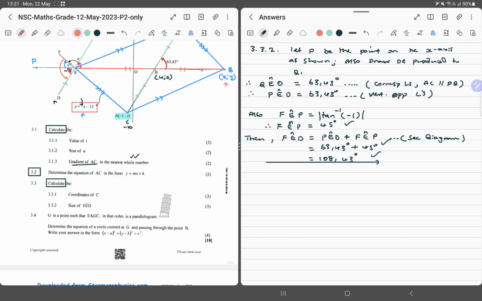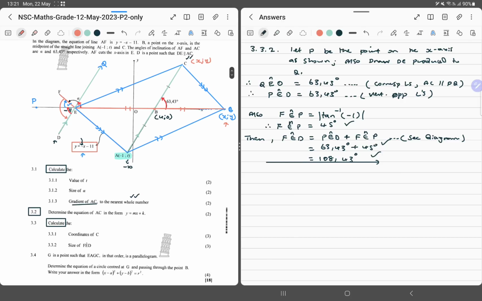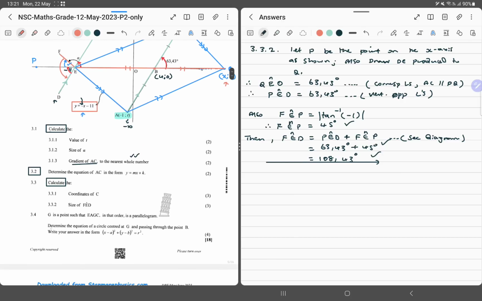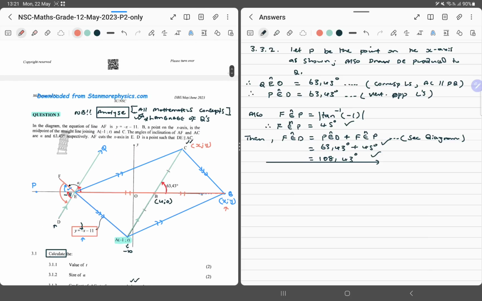Okay, let's forget about the other things. Now the question says determine the equation of the circle centered at G. So G is our center and passing through the point B. So B is the point on the circumference.